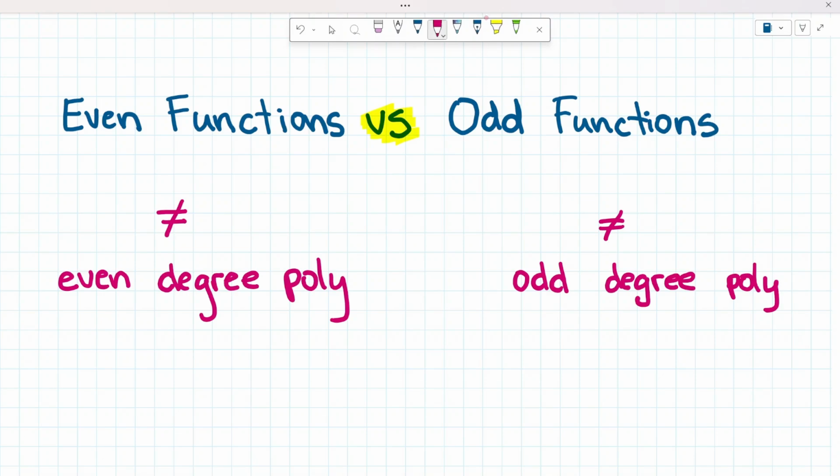The first distinction that I have to make today is that even functions are not equivalent to even degree polynomials, and odd functions are not equivalent to odd degree polynomials. So let's start with that. What is the distinction? An even degree polynomial simply means that the highest degree is going to be even.